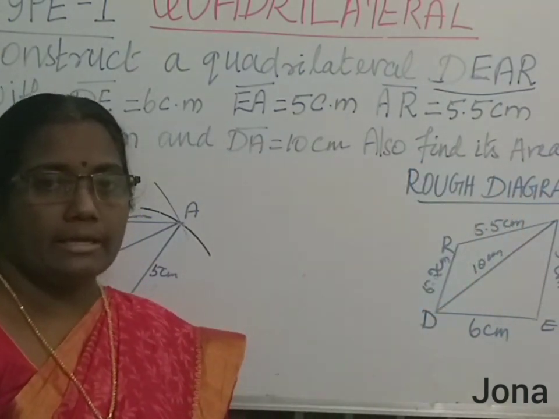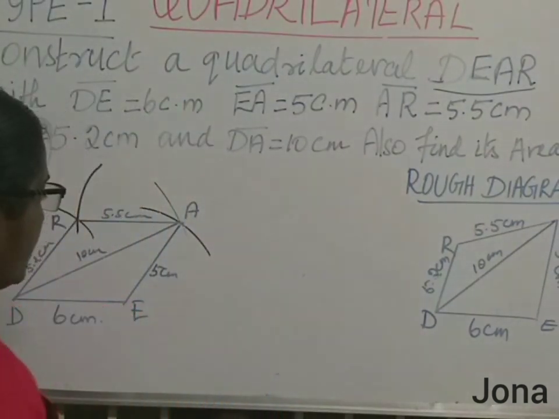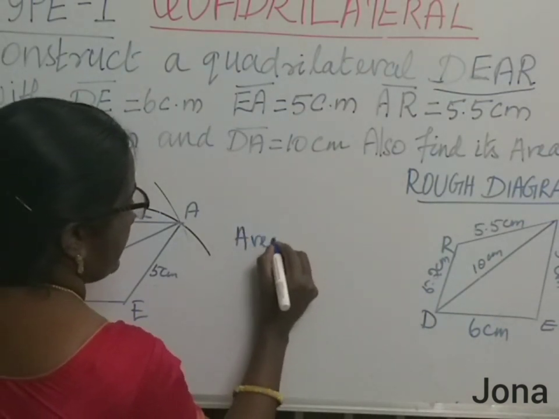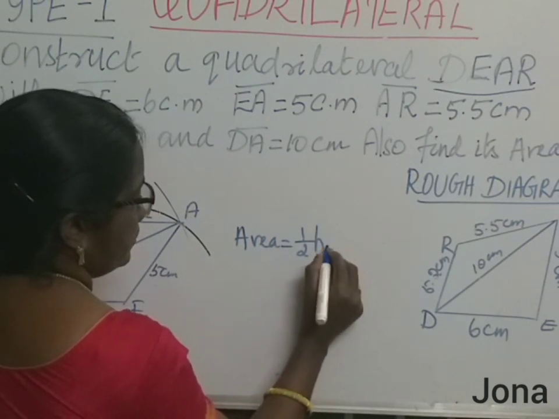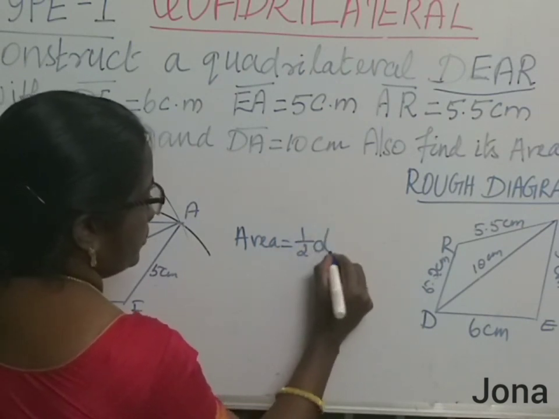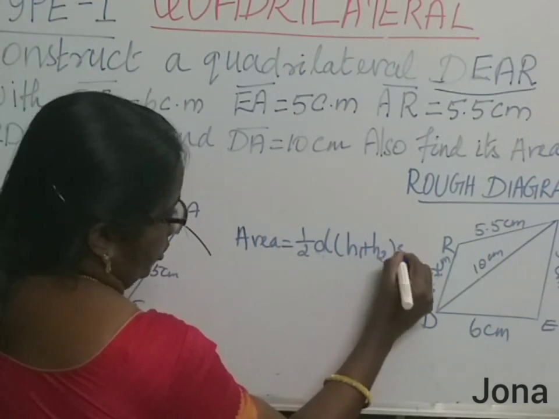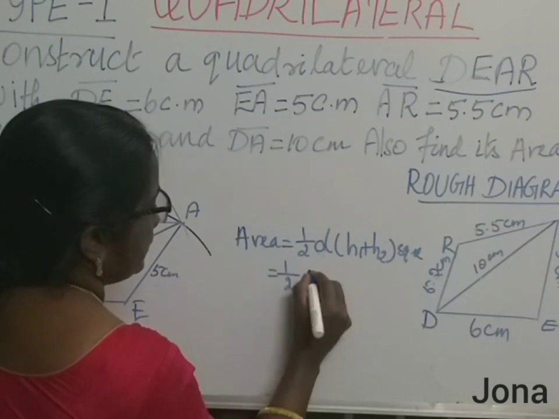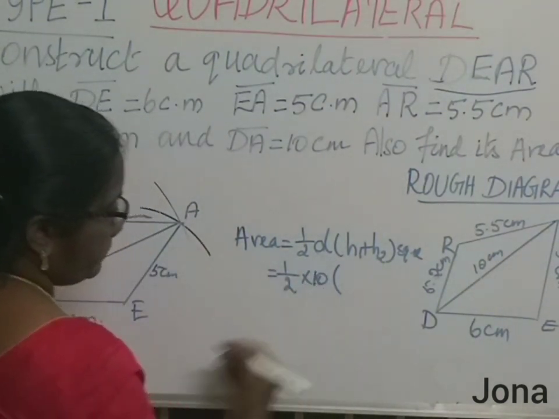We drew the diagram and then also find its area. For this area we have some formulas. So I can write area equal to half into D into (H1 plus H2) square units, equal to half into D, which is 10 centimeter. So put 10 here.